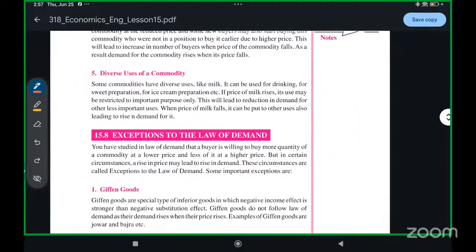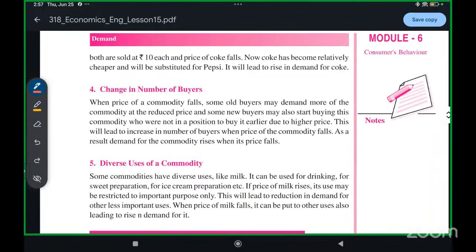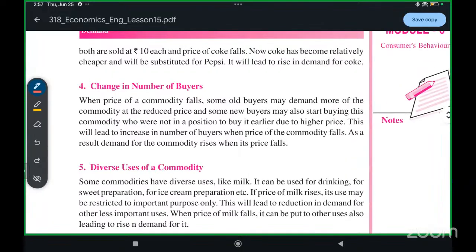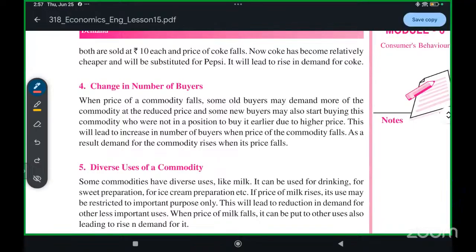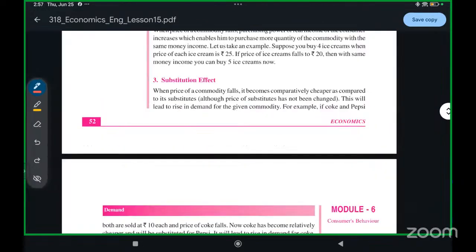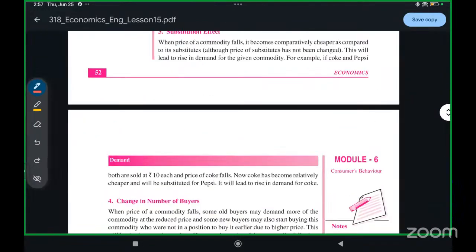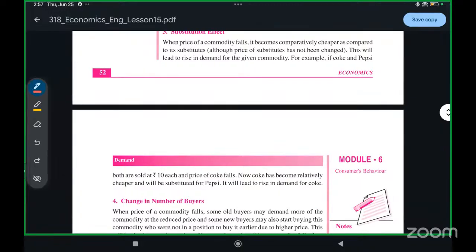If you feel in any topic that you don't remember what I taught, please tell me. I am saying that if you still feel that there is doubt in any one of these topics, anything you want me to explain again, please ask.